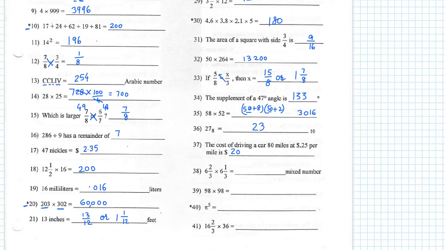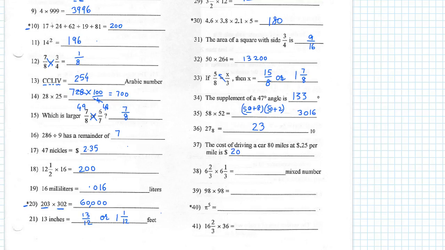The next question is the product of 6 2/3 multiplied with 6 1/3. So again, there are a couple of ways of doing this. One way is you multiply 6 times 6, that's 36, and then multiply 6 times 1/3, which is 2.